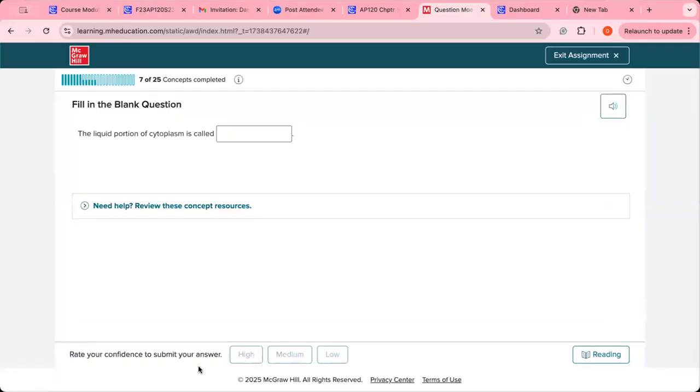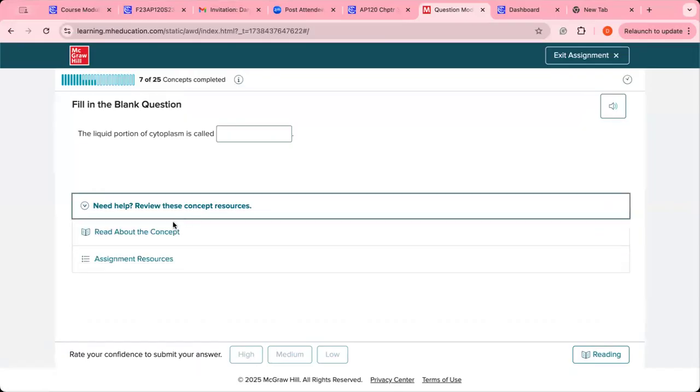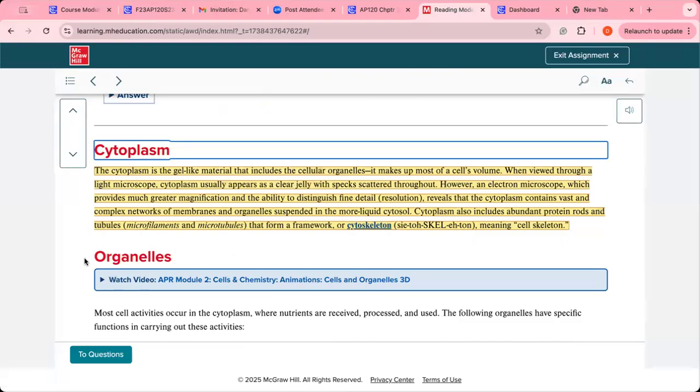The liquid portion of cytoplasm is called cytosol. We had that question before. It's called cytosol. You can look it up if you need the spelling for it. See here? It's above cytoskeleton.